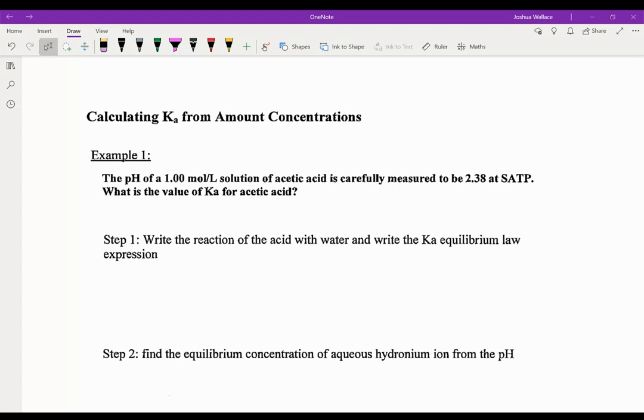The pH of a 1.00 mole per liter solution of acetic acid is carefully measured to be 2.38 at SATP. So it's found to be 2.38, and this is at equilibrium.